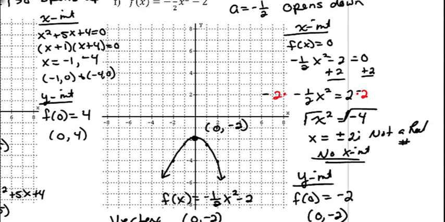And then I need to label my points. So I have the point 1, negative 2 1/2, and then we have 2, negative 4. And then we have the point negative 1, negative 2.5, and the point negative 2, negative 4.